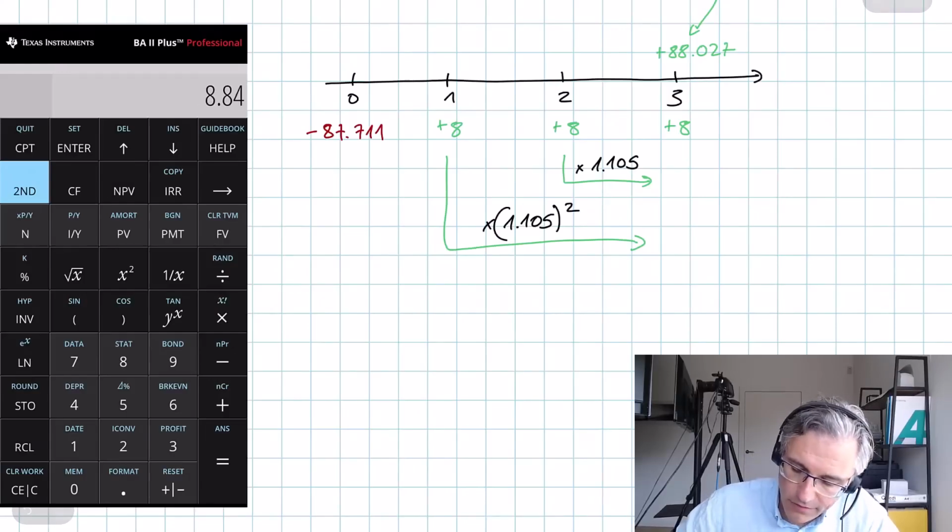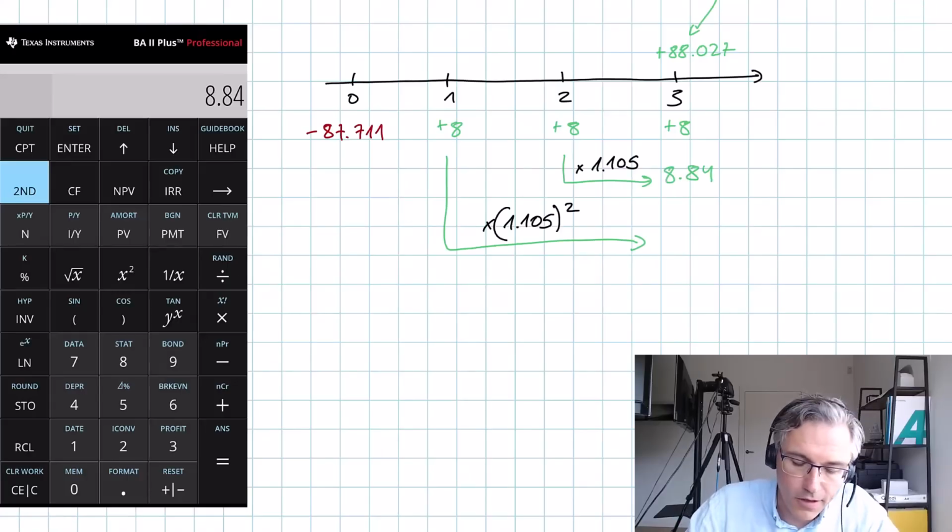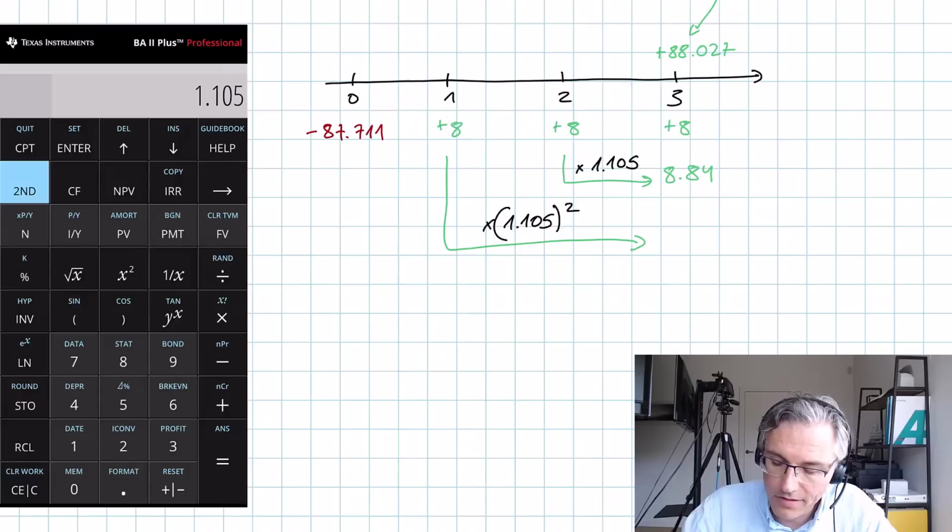So the second coupon will have grown to 8.84, and if I multiply that one more time by the same factor, 1.105, I'll get the future value at the end of year 3 of that coupon from year 1, 9.768. Right.